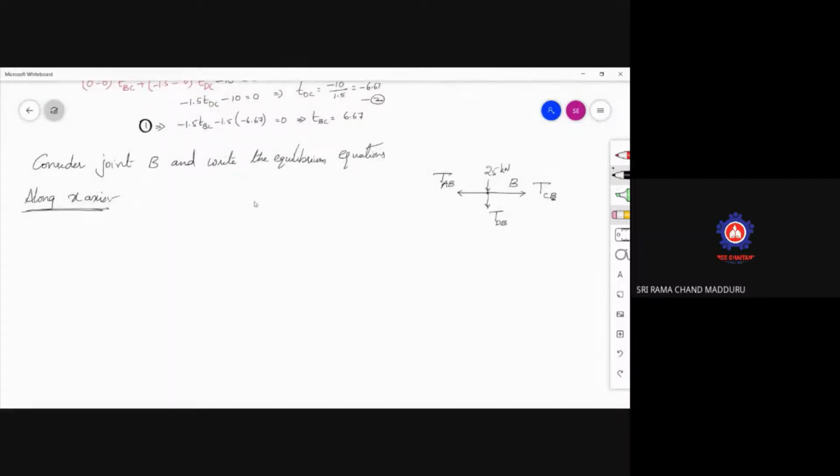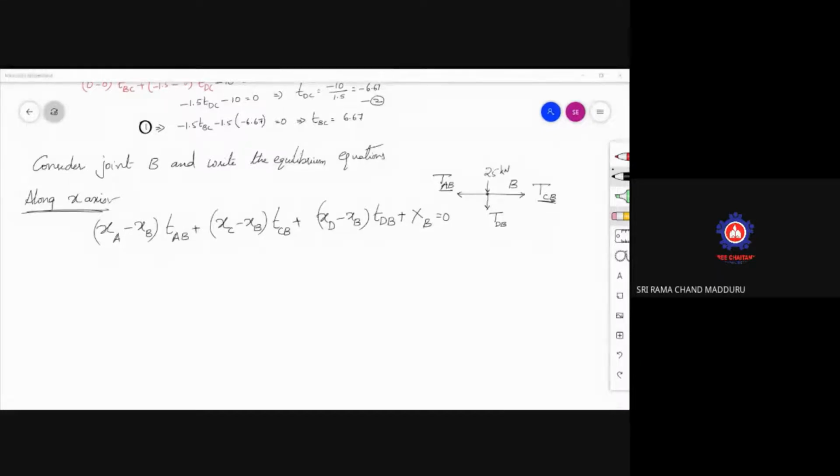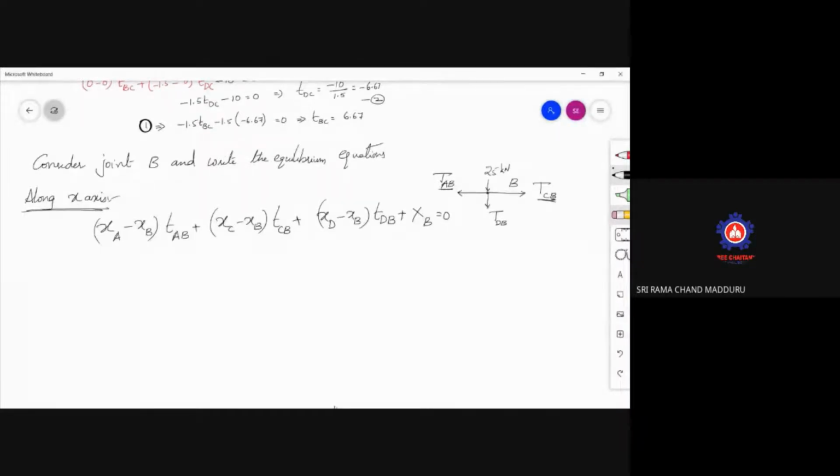Now, along the x-axis, what is the equilibrium equation? (XA minus XB) into the tension coefficient TAB, since member AB is there, plus the second member, (XC minus XB) into TCB, plus (XD minus XB) into TDB, plus XB is equal to 0, where this last term is the external force along the x-axis. Here the force is in the y direction.